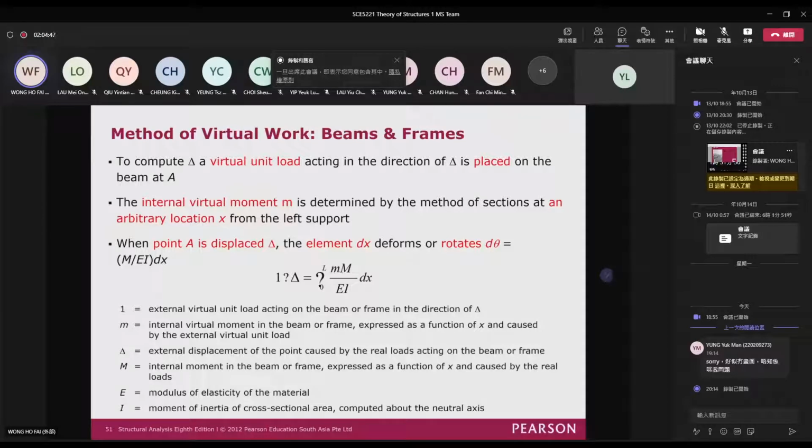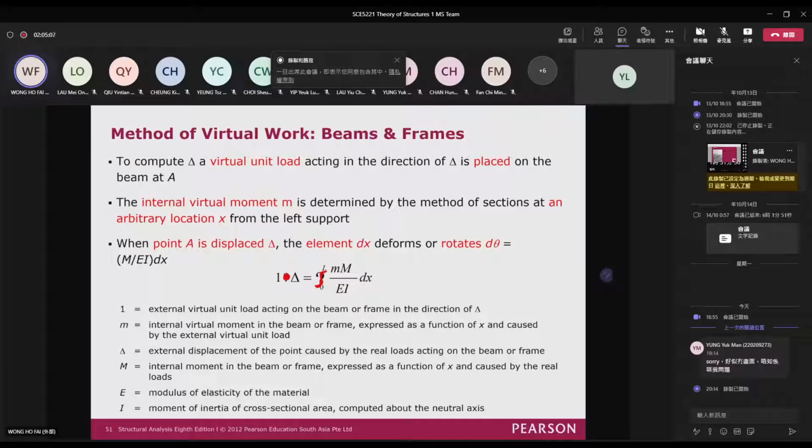Similar to the truss, we can apply the method to a beam or a frame structure. Again, the first one is the dot product, and the next one is the integration.